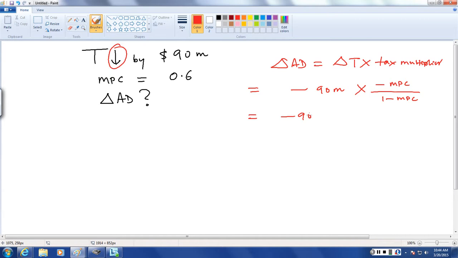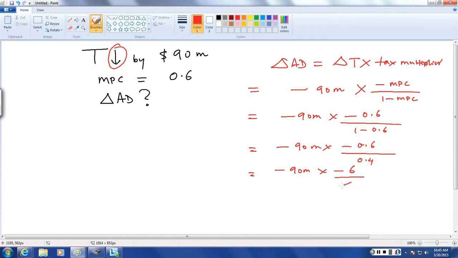Negative 90 million times negative 0.6 divided by 1 minus 0.6, which is negative 90 million times negative 0.6 divided by 0.4. Right? And you can write this as negative 90 million times negative 6 by 4.